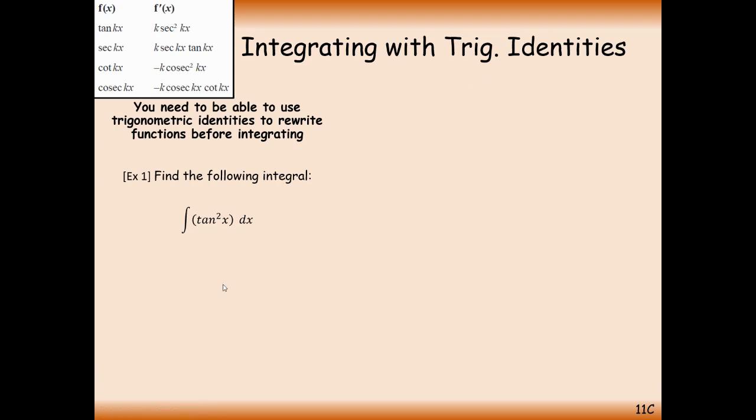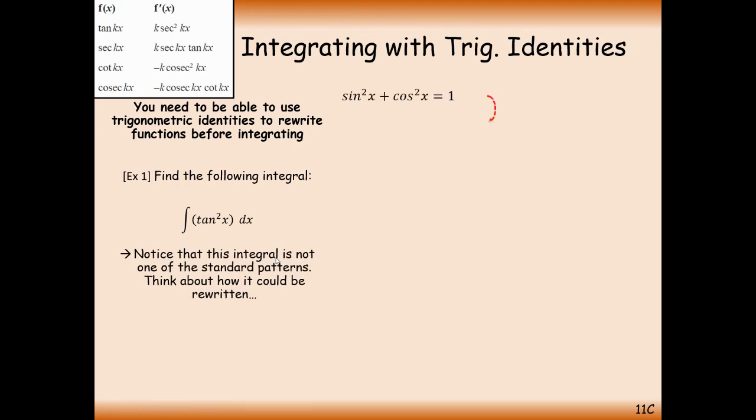If I ask you to pause the video and think of some trigonometric identities that involve tan square, which one can you think of? Tan square was in one of the trigonometric identities that we found in chapter 6. 1 plus tan square was sec square. So we can rearrange that identity and write tan square as another function of sec square.